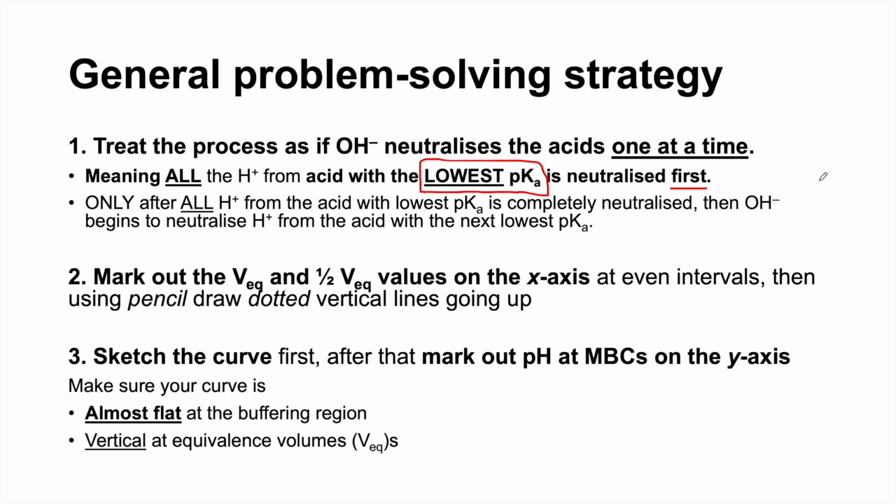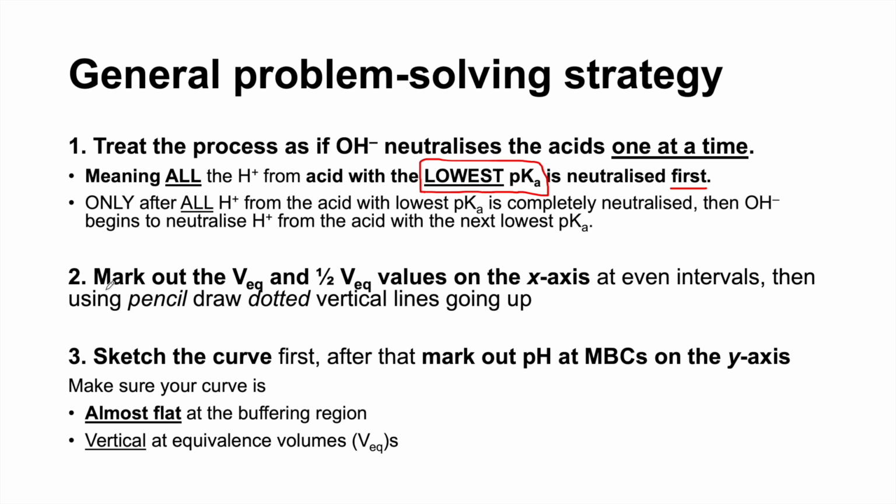Because at the end of the day, everybody's going to get neutralized, so it doesn't matter who goes first or last, all H pluses are going to be neutralized anyway. You can make this assumption to simplify your understanding, and the pH graph will prove that accordingly as well.